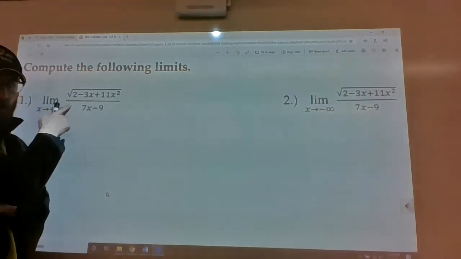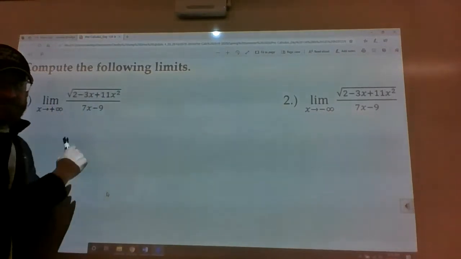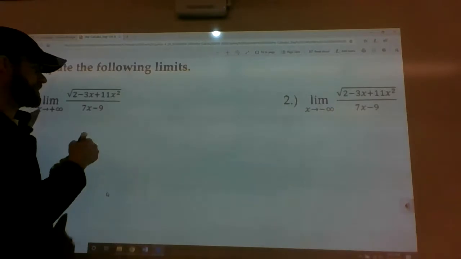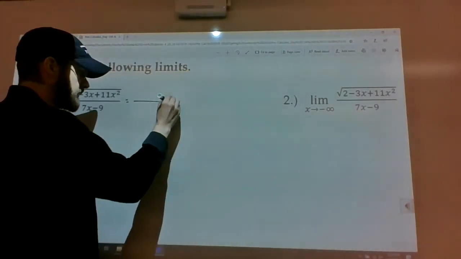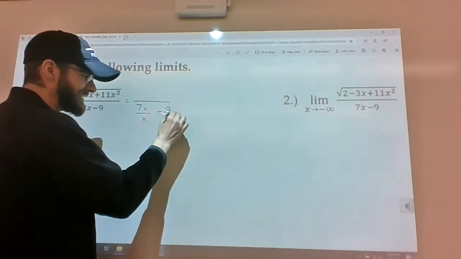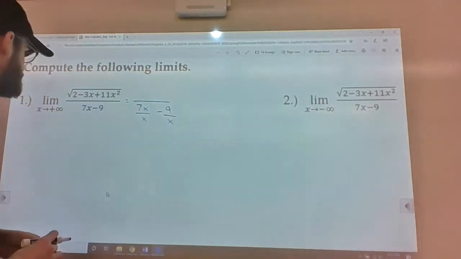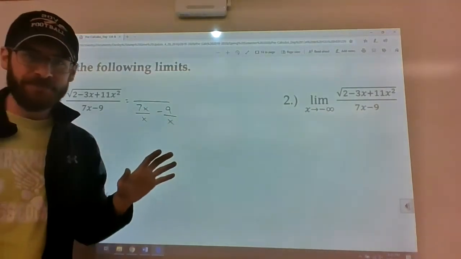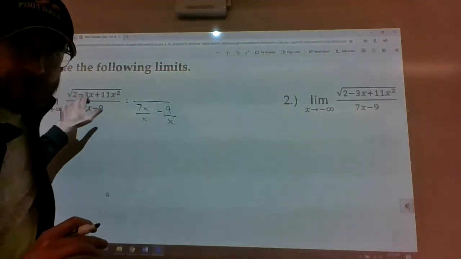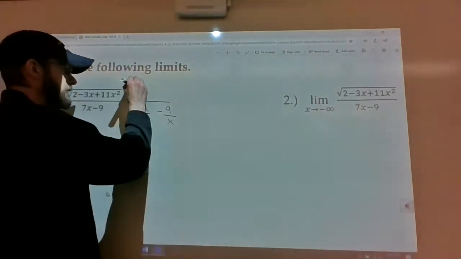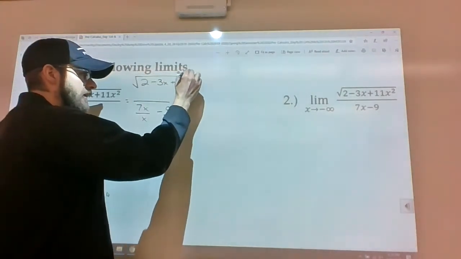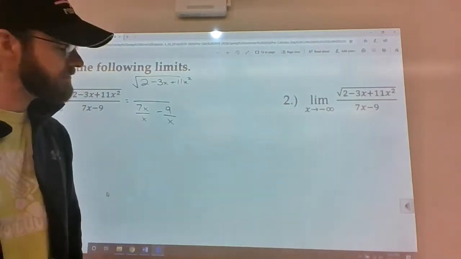What's the biggest power on the bottom of this expression here? It's x. So you'd take 7x divided by x minus 9 divided by x. Now this is really tricky. You are left with a square root expression. How do you divide that by x?